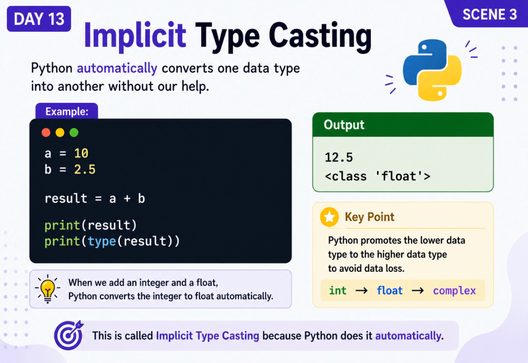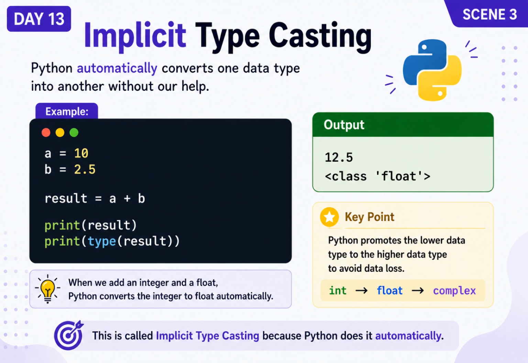So when we add them together, Python automatically converts the integer into a float. So the answer becomes 12.5 and the result is of type float. We don't have to write any conversion code. Python does it automatically. So that's why it's called implicit typecasting.